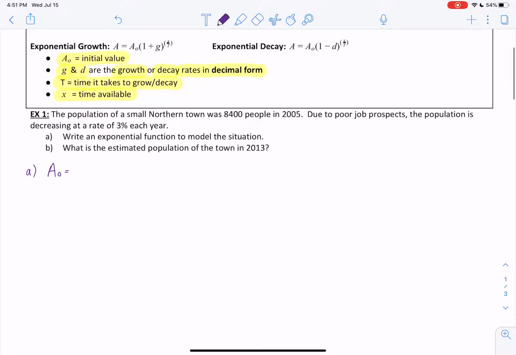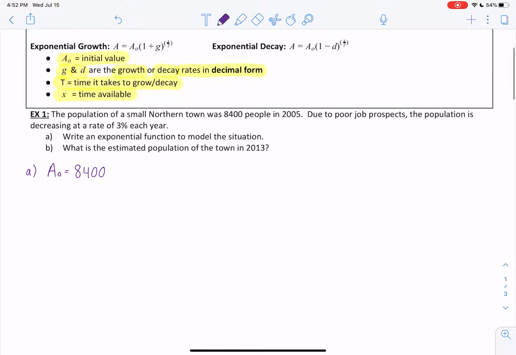In this case, we're starting with 8,400 people. Now, the next thing we're going to look at is the growth or decay rate. I want to think, does this situation involve a population growing or declining? If I look at my question, the population is decreasing at a rate of 3% per year.